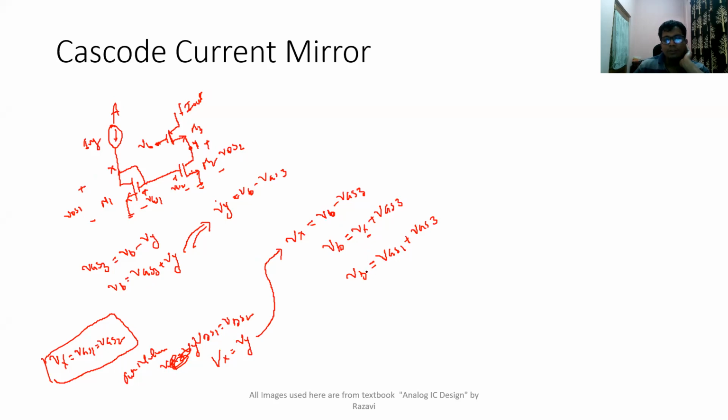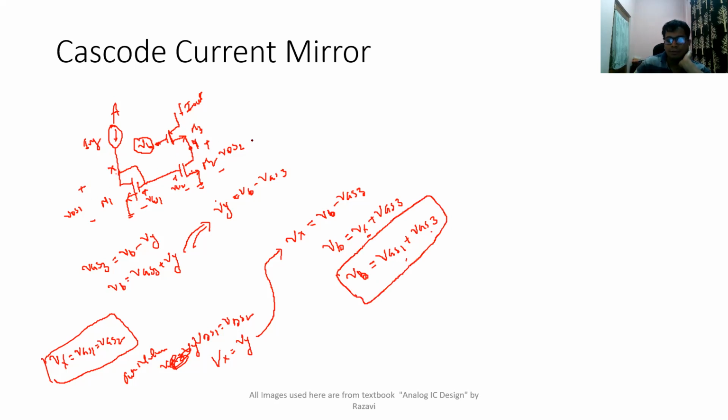So the node Y voltage will be equal to the node X voltage if the bias voltage here is chosen such that it is equal to VGS1 plus VGS3. If you achieve this condition, then the VDS here becomes VDS2.